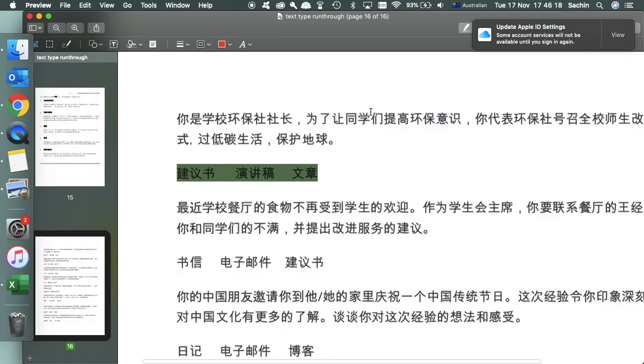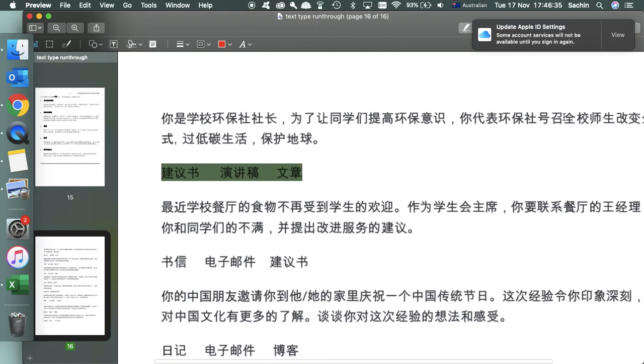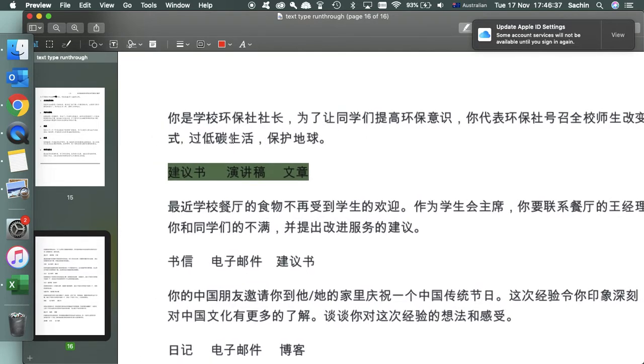For improving classmates' knowledge of environmental protection, you are representing the environmental protection club to rally all of the teachers and students to change their lifestyle to live a low carbon life and to protect the earth. So, which one do you think it is? Out of 建议书, 演讲稿, or 文章?